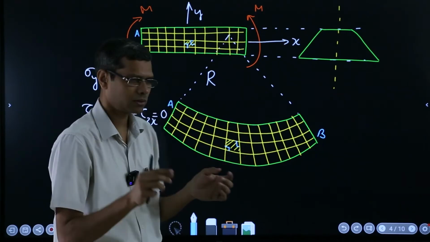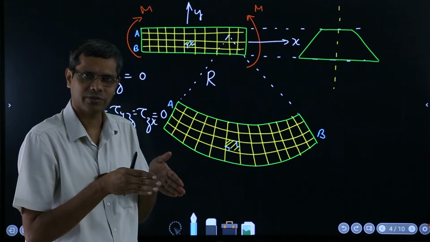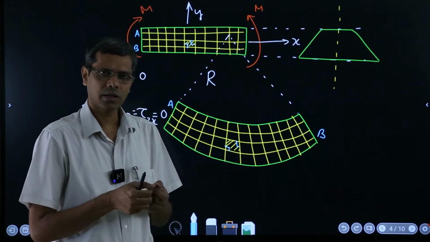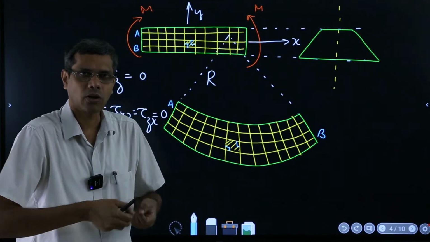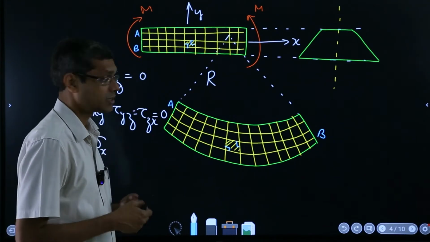So A has got reduced in length, that means those fibers are in compressive stress, and fibers like B, which have been elongated, obviously are in a tensile state of stress.